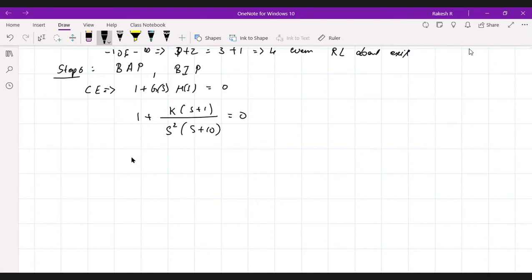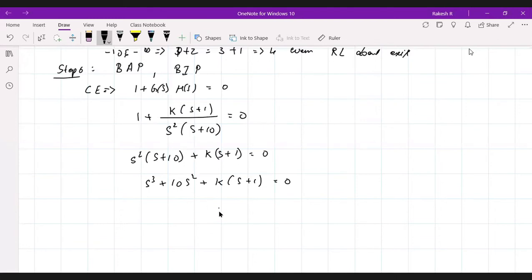So this one I'll simplify. s square into (s plus 10) plus K into (s plus 1) equals 0. Multiplying, this is s cube plus 10s square plus K(s plus 1) equals 0.